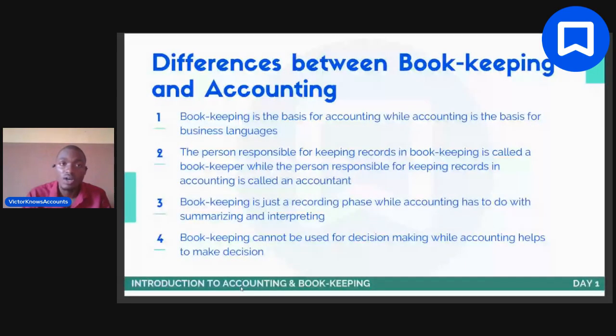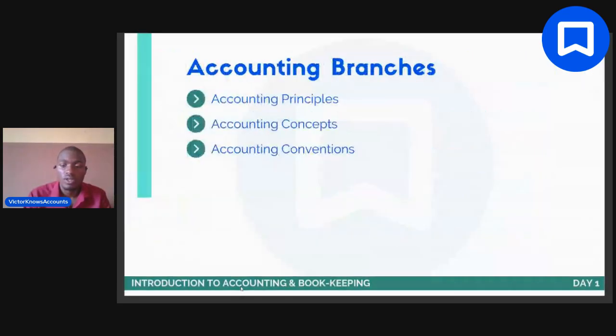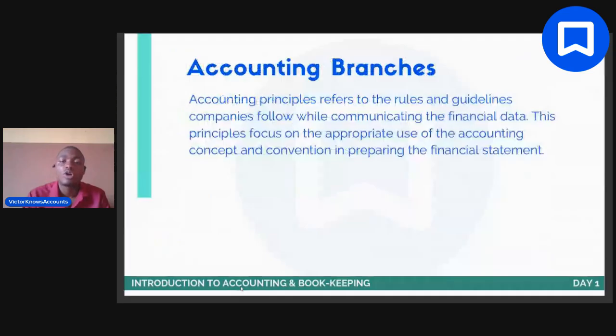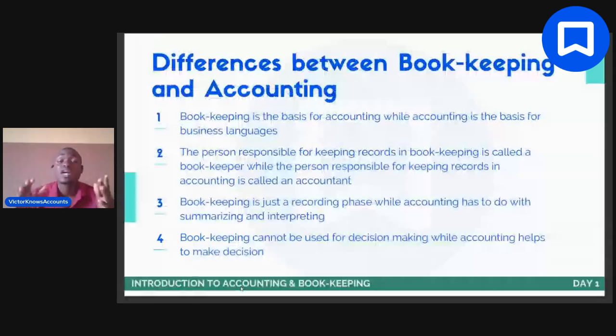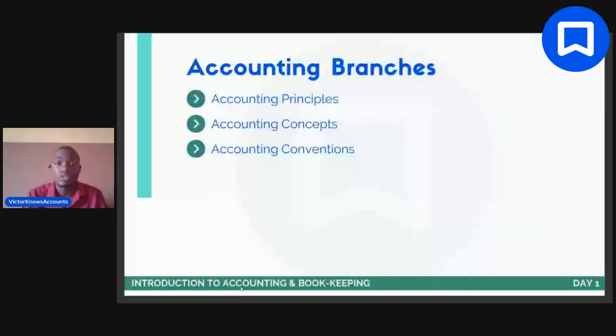Are we together? So, up to our next slide, I'll be talking about branches of accounting, as a discipline and then as a practice. When you are talking about accounting as a subject matter, you have accounting principles, accounting concepts, and accounting conventions, as you can see on the screen.